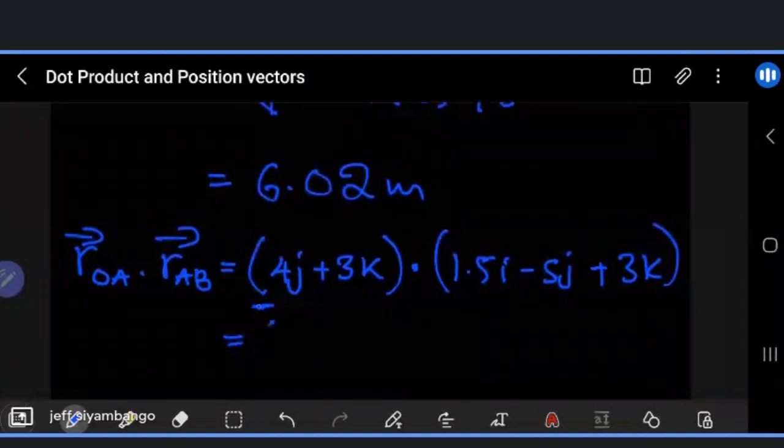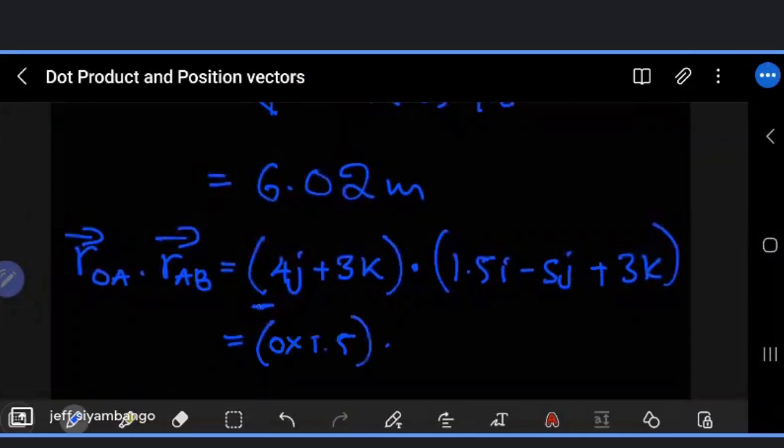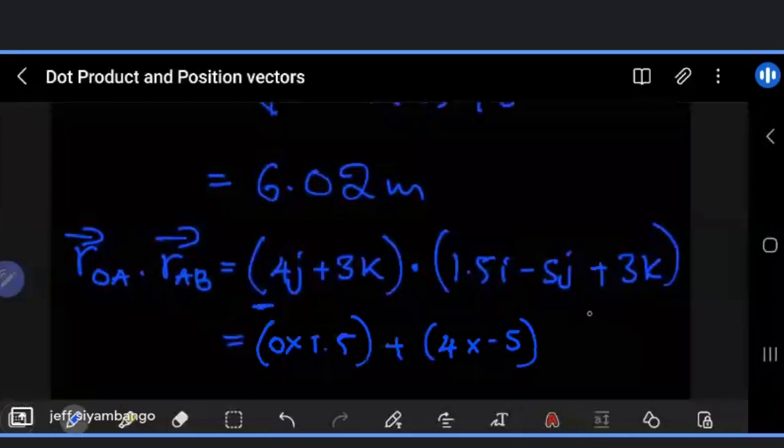So if I was to write everything, this is 0 times 1.5. That's just going to be 0. Plus, next we have the j term. For the first bracket, we have a 4 coming from j. And then for the second one, we have a negative 5 coming from j. And then j dot j again, that's a 1. Next, we have plus the k values.